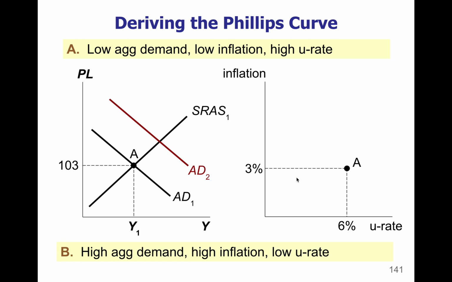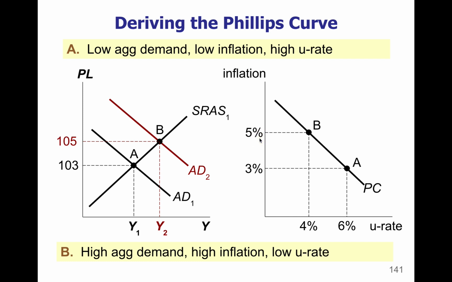Now, if aggregate demand rises, price levels would of course rise, we'll say to 105 CPI, and your output would go up, or your unemployment would go down. So if we put our inflation up to 5% and unemployment went down to 4%, we now have a downward sloping Phillips curve.